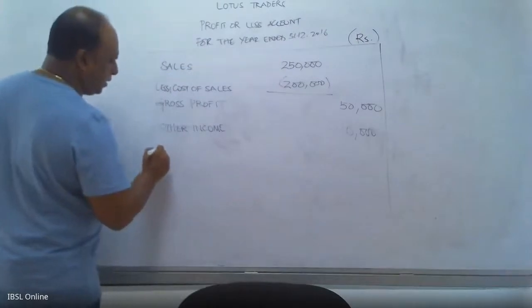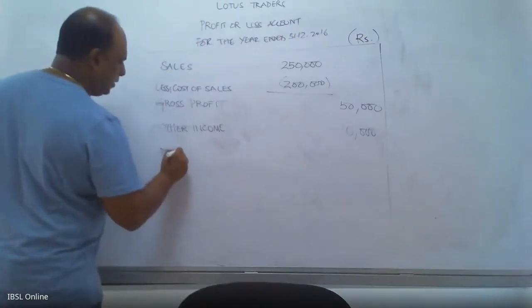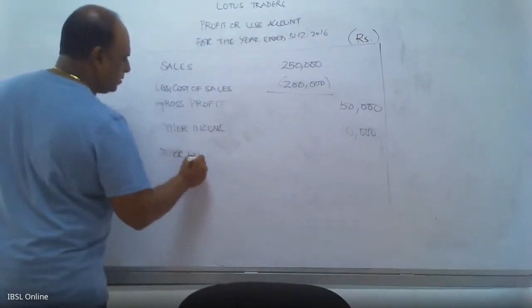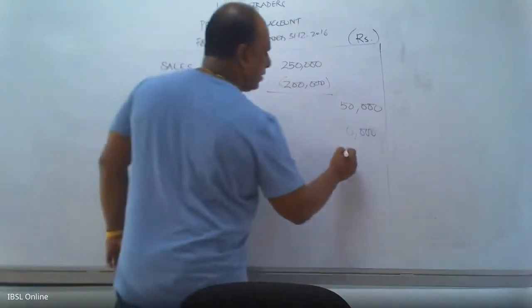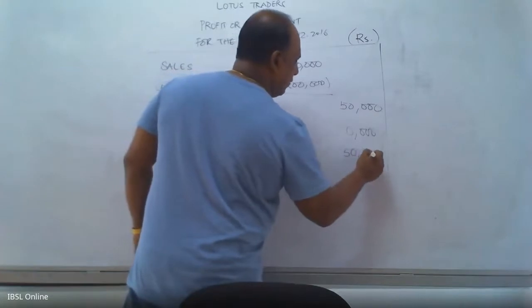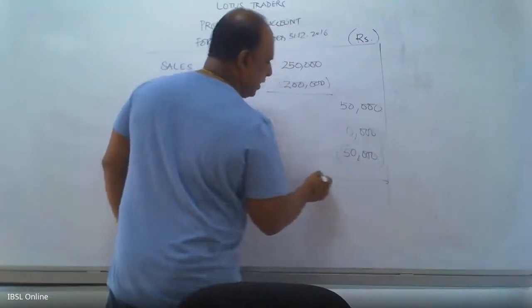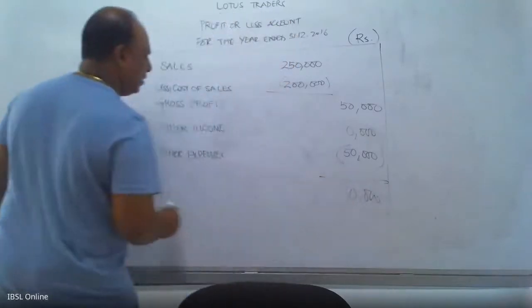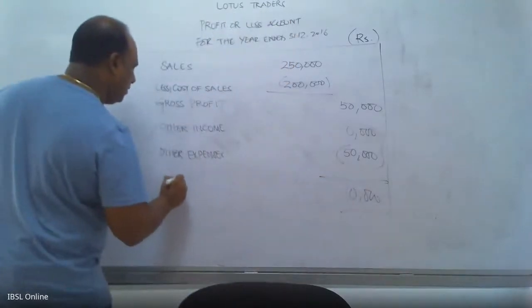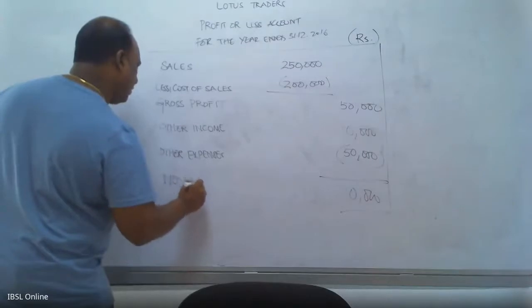Then deduct other expenses, a negative 50,000. So ultimately, you have 10,000 as your net profit.